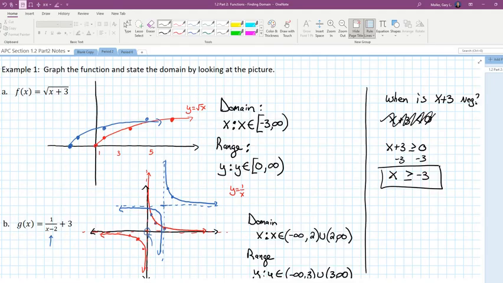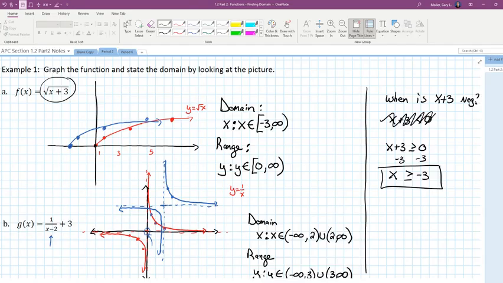And so when I plug in -3, the lowest number, I get 0. When I plug in bigger numbers, I can easily tell just by thinking about how math works that as I plug in -2, -1, 0, my numbers keep getting bigger and bigger. I'm going to keep plugging in bigger numbers, and I'm going to keep getting bigger answers.